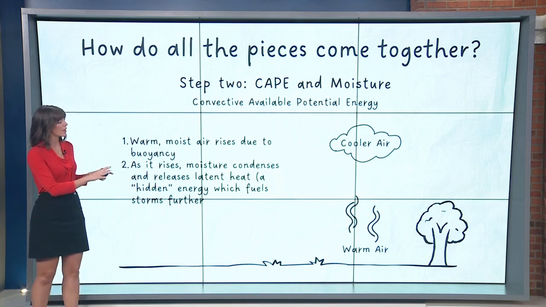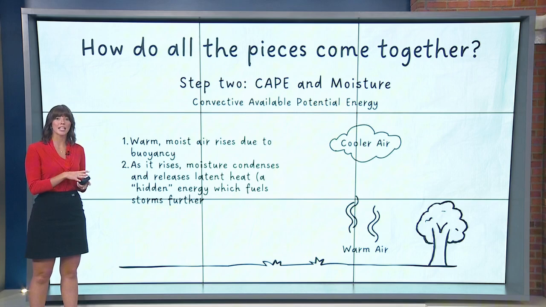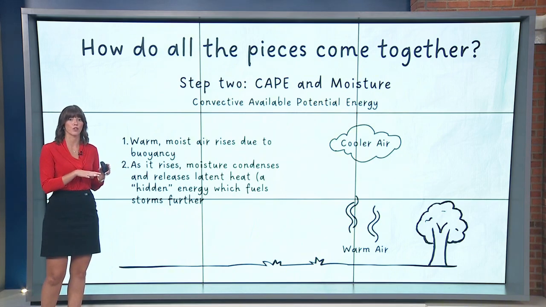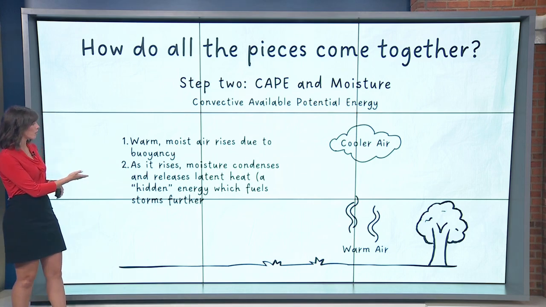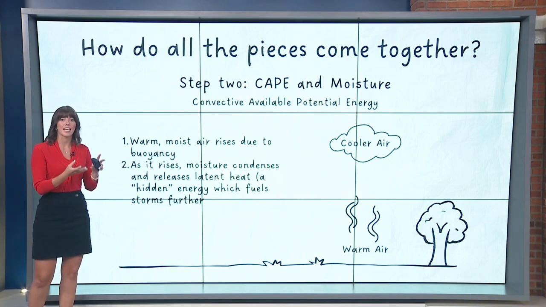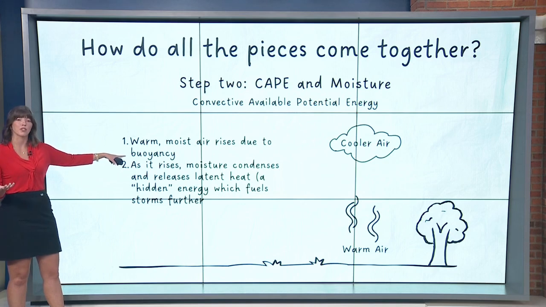So this warm air is going to want to rise. But the cooler air kind of holding it in place at the surface builds instability and it builds buoyancy. And that's what we're measuring with this CAPE. We're measuring how unstable that surface air is and how quickly it can rise with a trigger. So it's basically a measure of buoyancy.